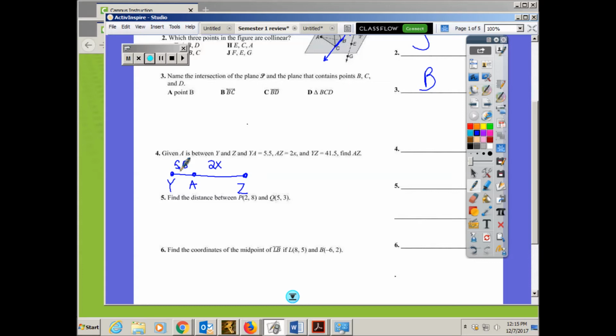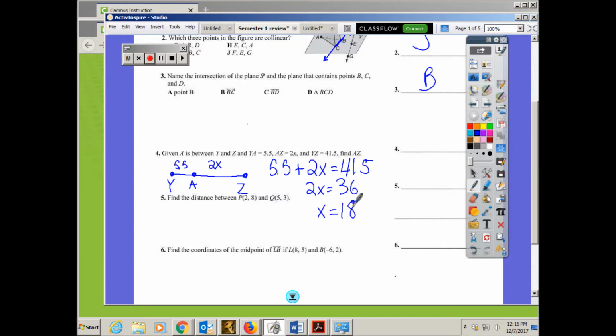What we're saying is 5.5 plus 2x is equal to the total of 41.5. So when I solve for x, I'm going to subtract 5.5 from both sides. I get 2x equals 36 and x equals 18.